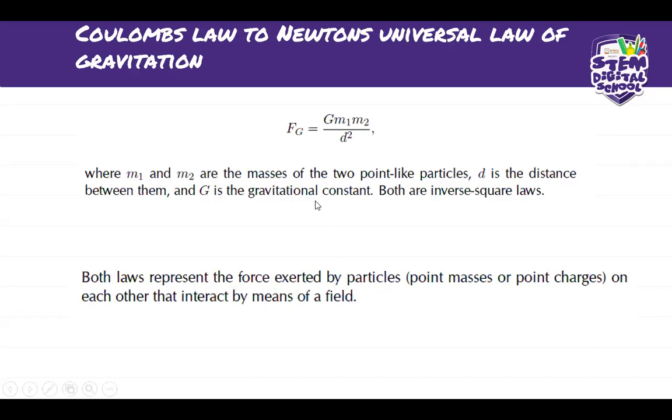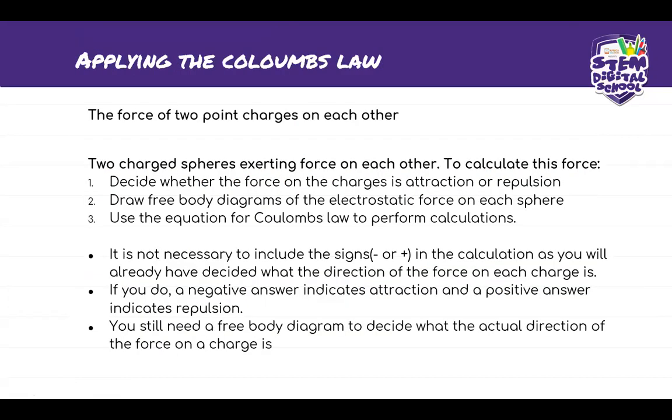So applying Coulomb's law, the force on each other. Okay, so to calculate this force, at first we need to decide whether the force on the charge is attraction or repulsion. Okay, what does attraction or repulsion mean in this case? We go back to theory.